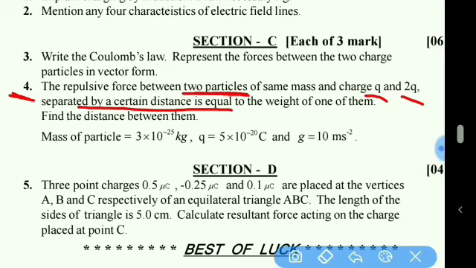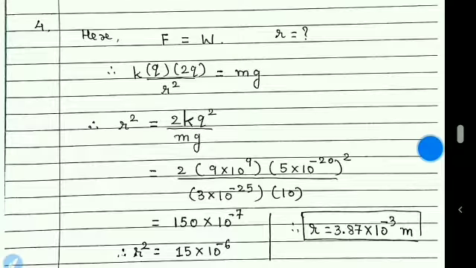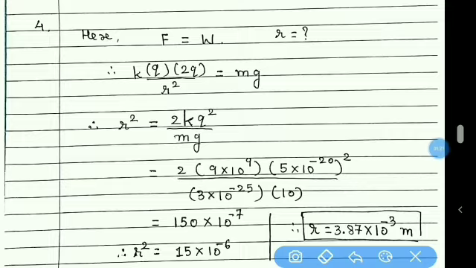Given that the force between these two charged particles is equal to the weight of one of them, we need to find the distance between the two charged particles. So first we will write this condition. R is to be obtained.